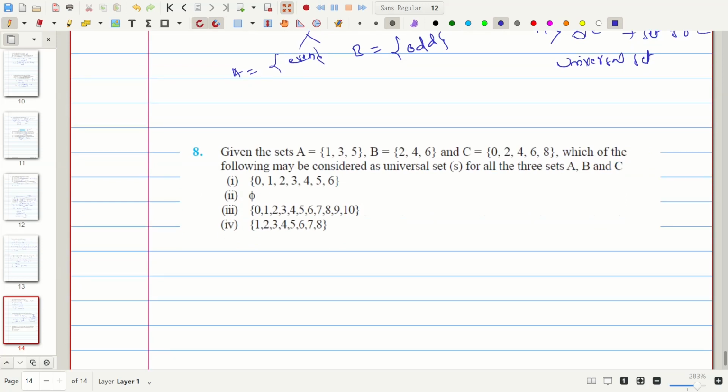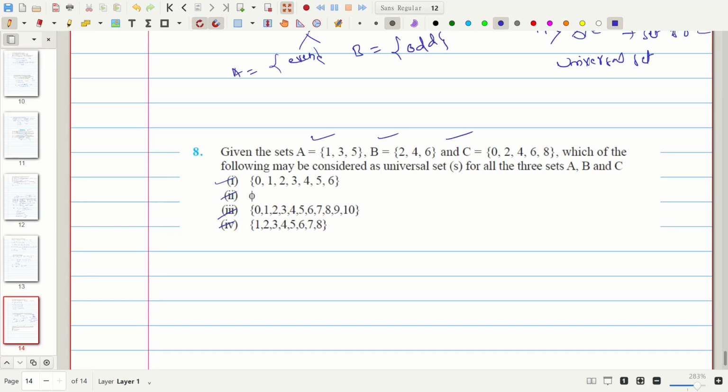The next problem is given three sets, 1, 2, 3. These three sets are contained in these, so that we have to write.